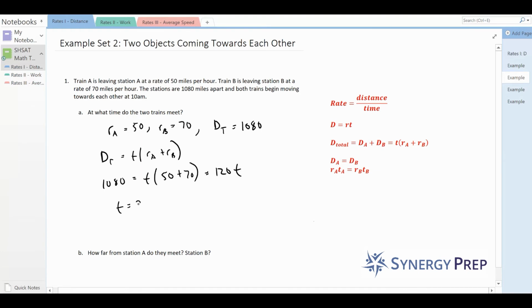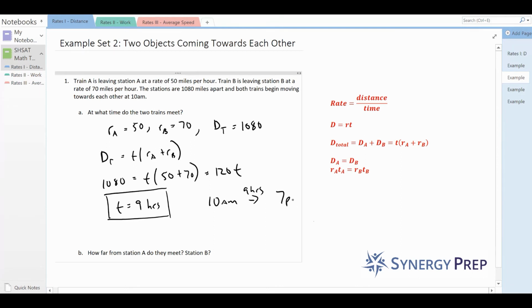So t is equal to 9 hours. So 9 hours after 10 a.m. they meet. So 10 a.m., 9 hours after is 7 p.m. Part 2.